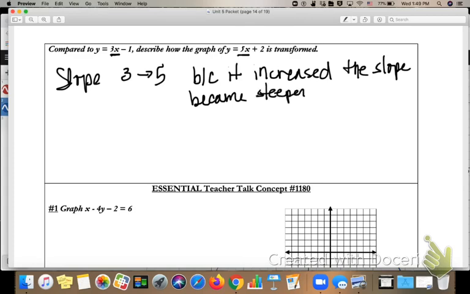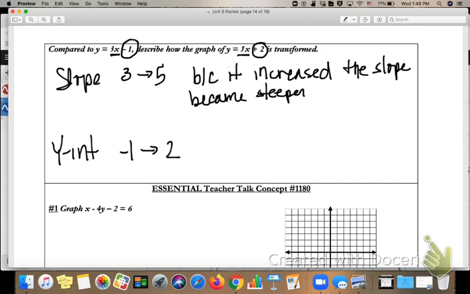Okay. Now let's look at the y-intercept. The y-intercept was negative 1, and it changed to positive 2 over here. It went from negative 1 to positive 2.